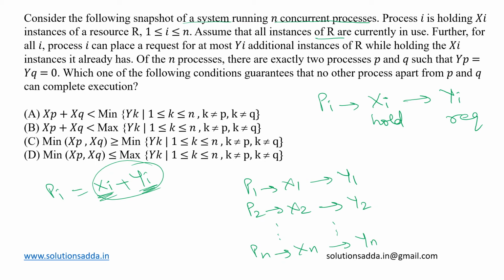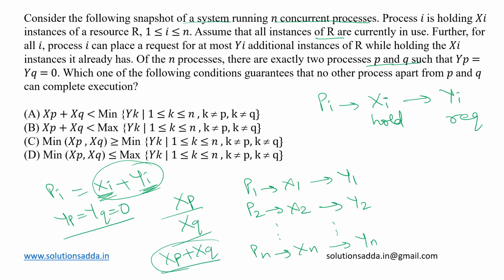Now they have said that there are exactly two processes P and Q such that yp equal to yq equal to 0, which means there are two such processes which do not have any additional resource requirement. They can execute in whatever they have already held, which is xp and xq, and after that they will release these many number of resources xp plus xq into the system, and then these can be used by the other processes.